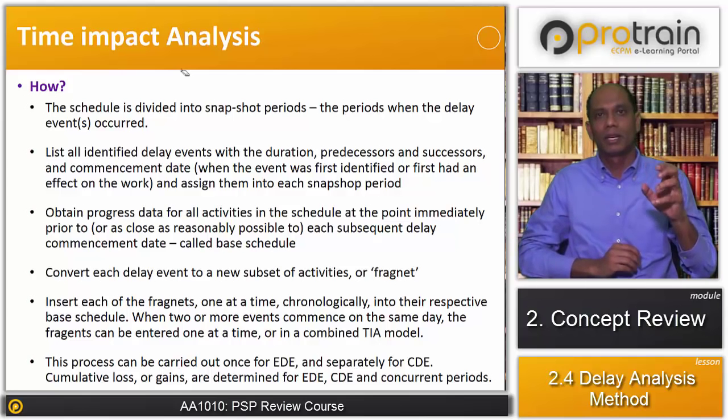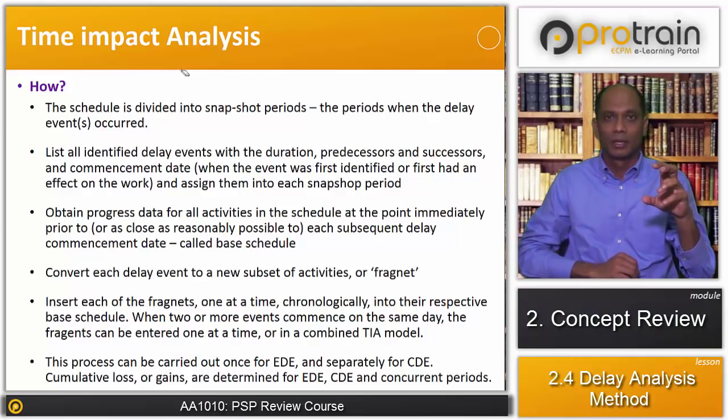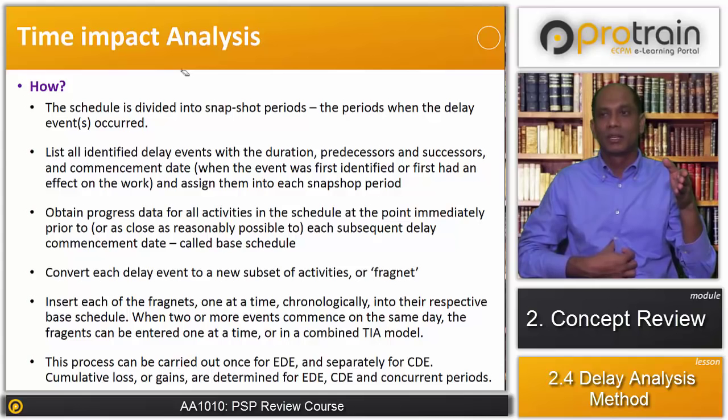So it's quite simple. Let me recap how the analysis works. We are identifying a delay, and then identifying the start date of the delay, or when the delay started to impact the project. Suppose the project is of 20 months and the delay started to impact in the 6th month.